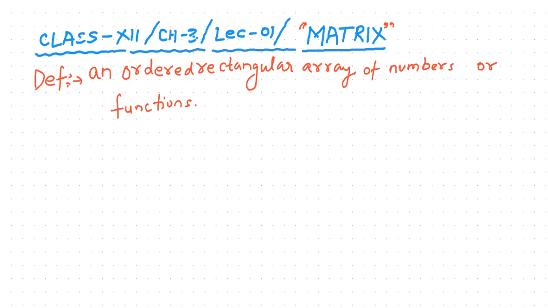Now we will understand what this is: an ordered rectangular array.